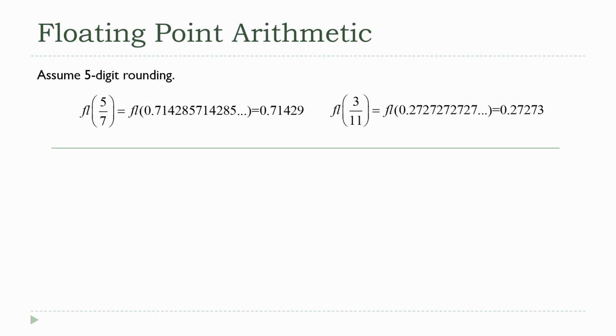So what I'm going to do is take 2 fractions, 5/7 and 3/11. And I've converted them to their 5-digit equivalents using rounding, right? And these are the results that I get. So if we do 5/7 minus 3/11, I get this, and I keep wanting to say this is the exact value.